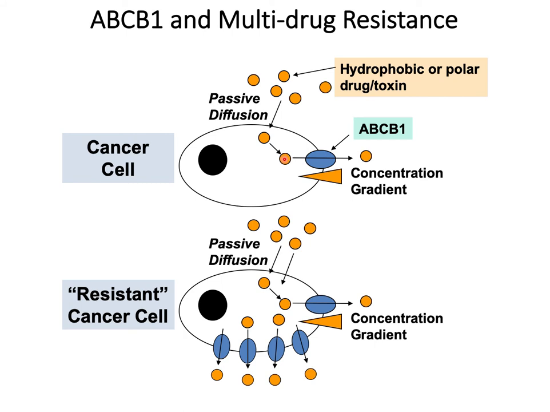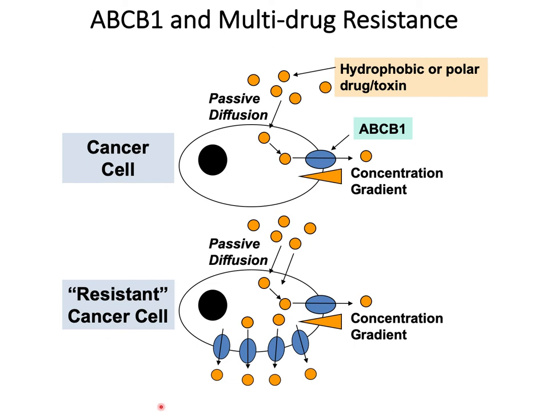But what happens if in the cancer cell there are spontaneous genetic mutations, and sometimes these spontaneous mutations lead to an increase of these ABCB1s. So right here, you can easily see that a normal cancer cell without many of these ABCB pumps is not able to transport that many molecules.